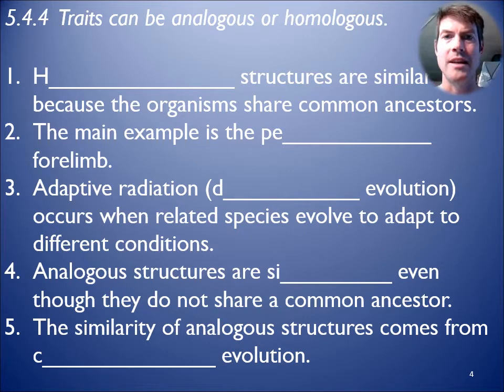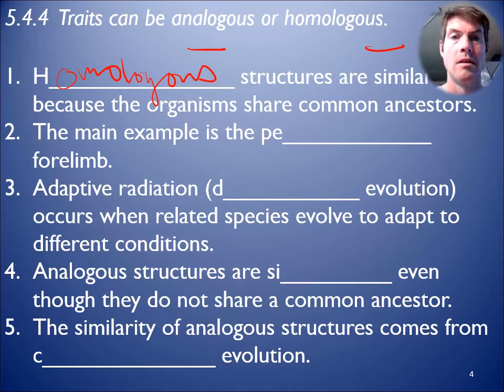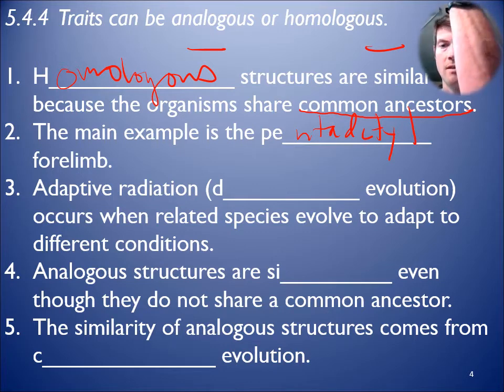Another couple terms, analogous and homologous. So homologous, they're similar because they share a common ancestor. And the one we talk about a lot is this pentadactyl limb right here.